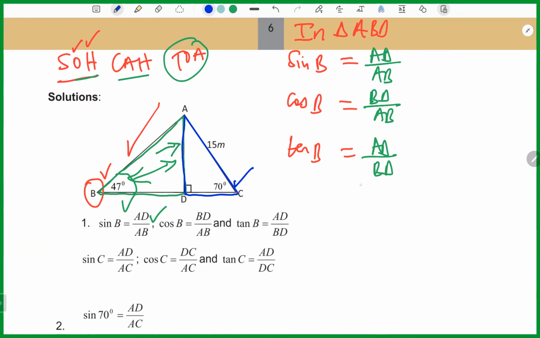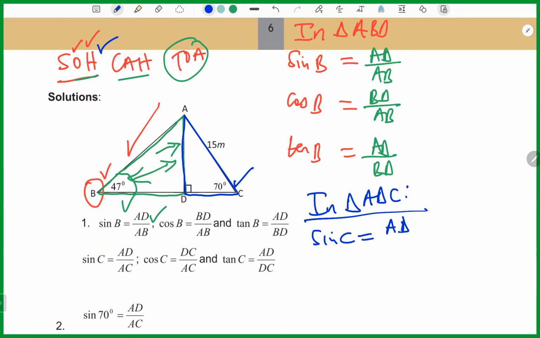Dealing with the blue triangle, we tell the examiner that we're in triangle ABC. So if you have the sine of C, which is opposite over hypotenuse, the sine of C is the opposite, which is exactly AD, over the hypotenuse, which is AC.